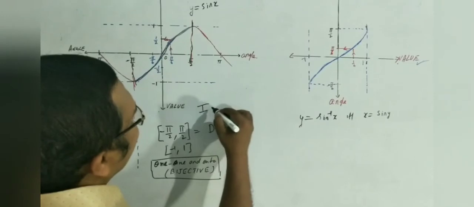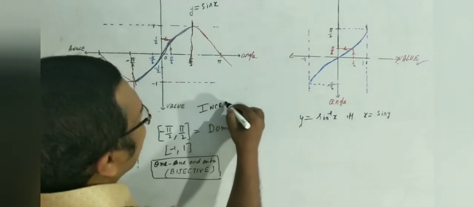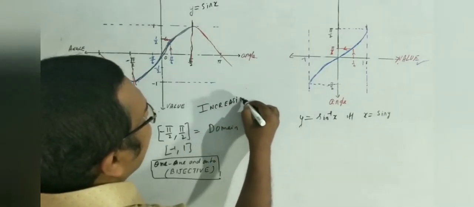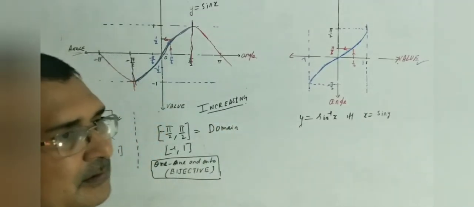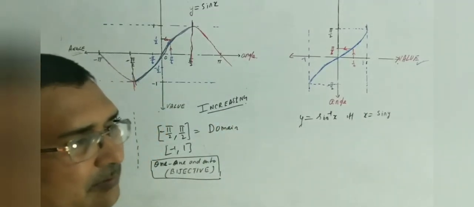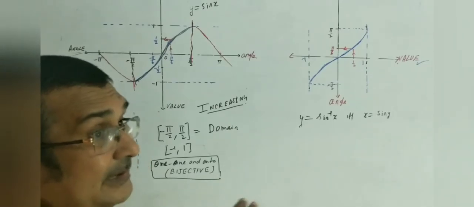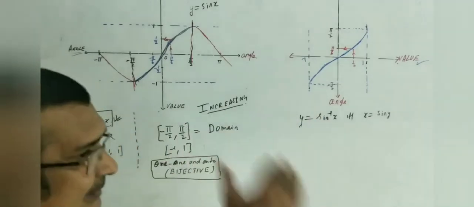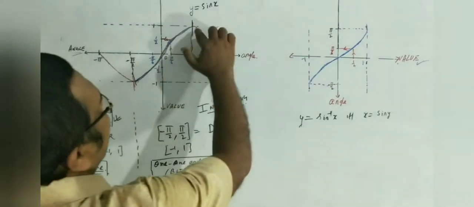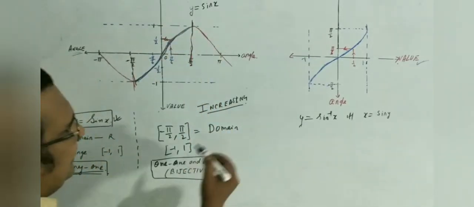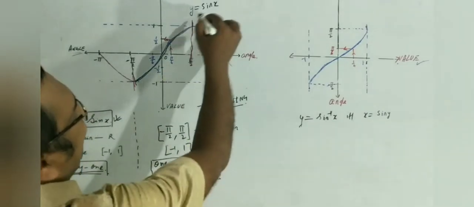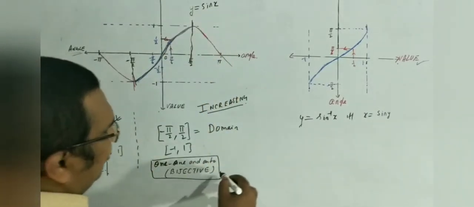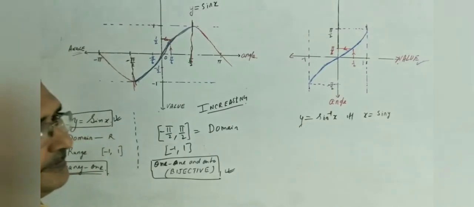A 1-1 onto function is always an increasing function or decreasing function. Therefore, if I restrict the domain from minus pi by 2 to pi by 2, y is equal to sine x becomes a 1-1 onto function.